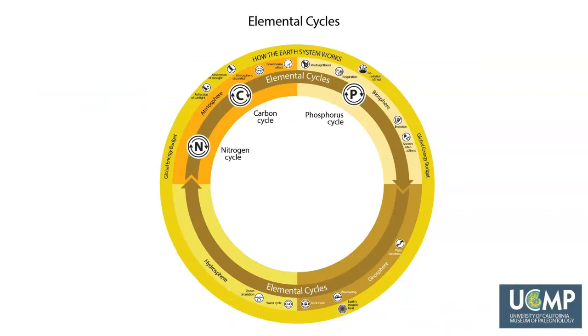Fundamental to how the Earth works is the cycling of elements such as carbon, nitrogen, and phosphorus through the four spheres. For example, carbon in the form of carbon dioxide is captured from the atmosphere by photosynthesizing plants and is released back to the atmosphere through processes such as respiration, decay, and the burning of fossil fuels. Just remember that animals eat plants, and then the carbon from the carbon dioxide that the plant absorbed becomes a part of that animal.